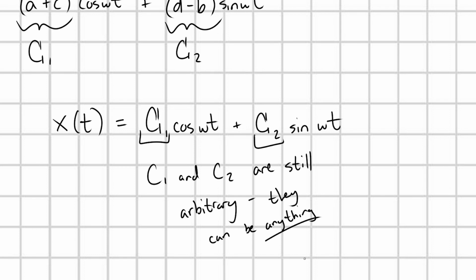So what's going on here? How can my solution have an infinite number of solutions? Well, the problem is we haven't yet applied initial conditions to the problem.